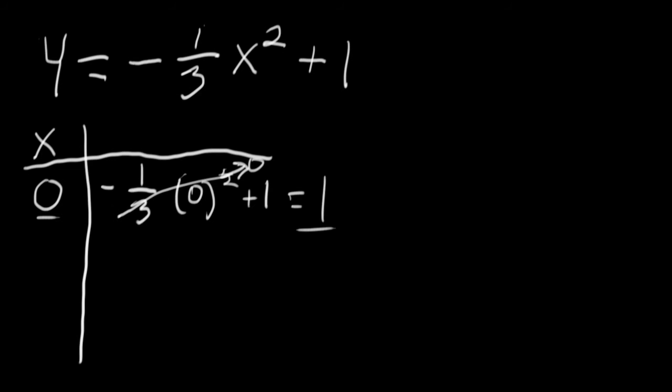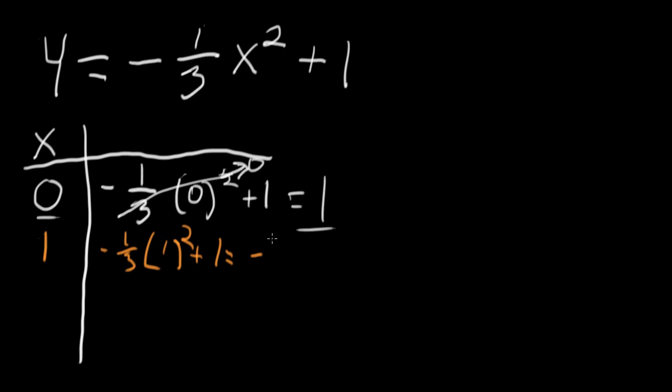Okay. 1. Negative 1/3, 1 squared plus 1 equals, well, negative 1/3 times 1 squared. Well, 1 squared is 1. Negative 1/3 is negative 1/3. So it's negative 1/3 plus 1.